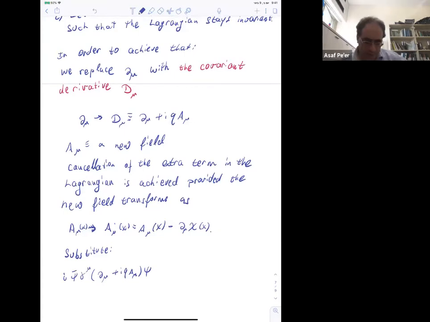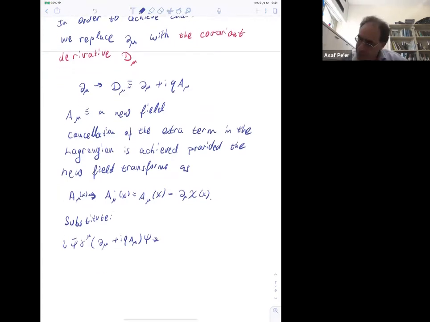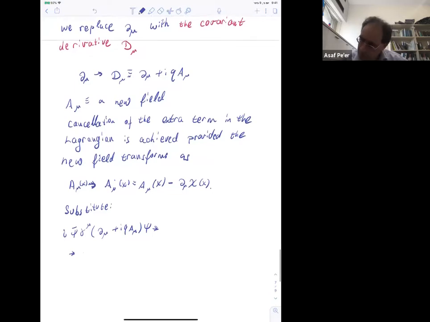How does that transform? So that transforms into i psi bar e to the minus iQ chi psi gamma mu D mu plus iQ.